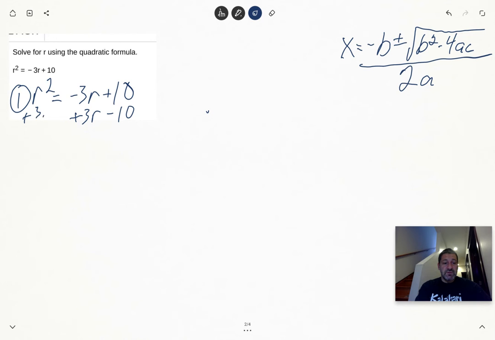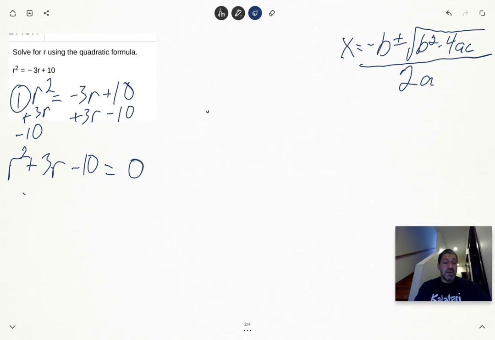When I move those to the left side, oops, that's not a plus, that's a minus. The right side will simplify to 0, and on the left side, we've got r squared plus 3r minus 10. My exponents go from 2 to 1 to no exponent.